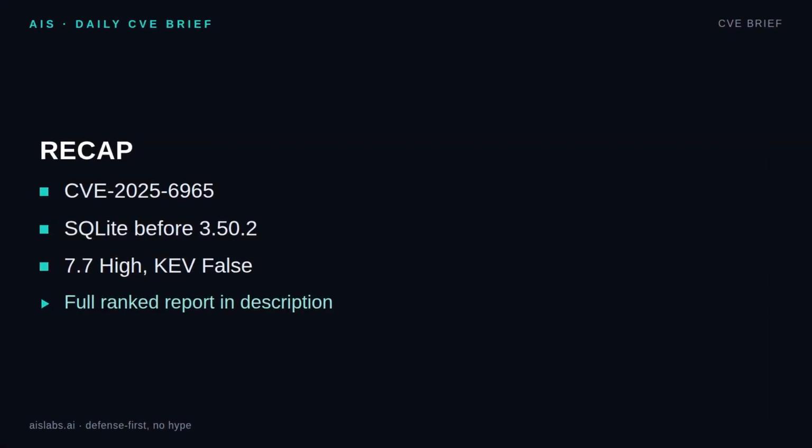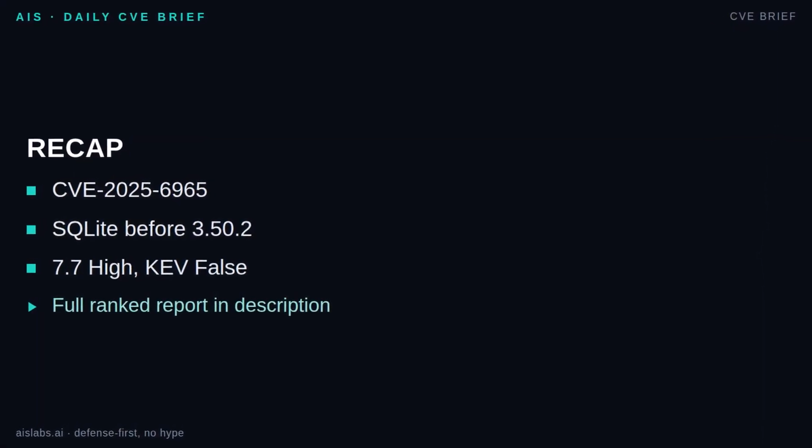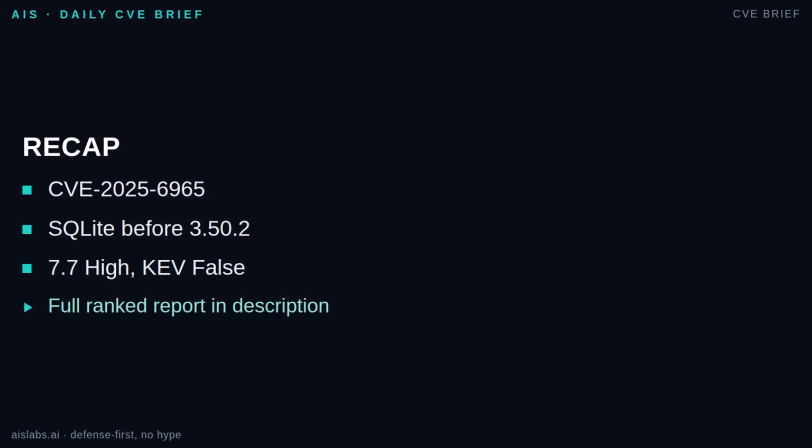Quick recap. CVE-2025-6965 is today's number 3 most urgent CVE on our ranked list. It affects SQLite versions before 3.50.2, where aggregate terms can exceed available columns and lead to memory corruption. The score is 7.7 high, with changed scope and high integrity impacts standing out.